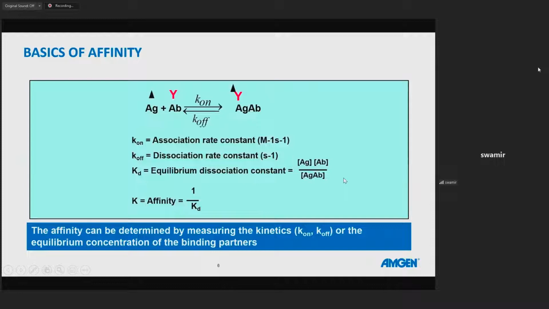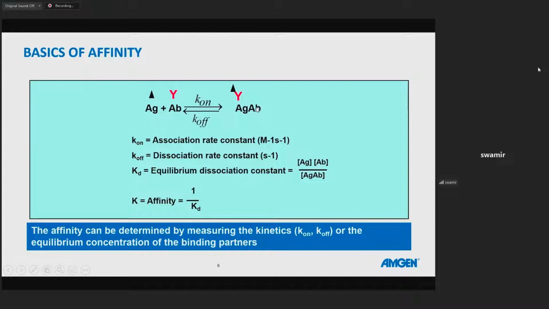Just to give some basics on why we need to choose different affinity technologies or instruments. We know that if an antigen binds to an antibody, it forms an antigen-antibody complex. In the beginning, the antigen and antibody would be in high concentration, and the product would be formed based on the on rate.